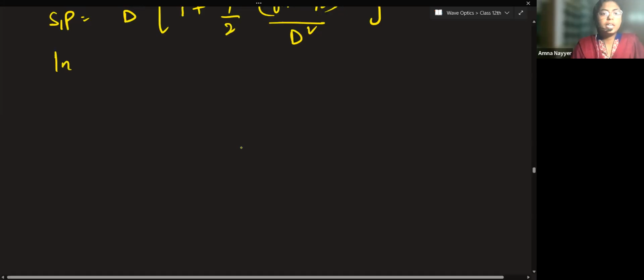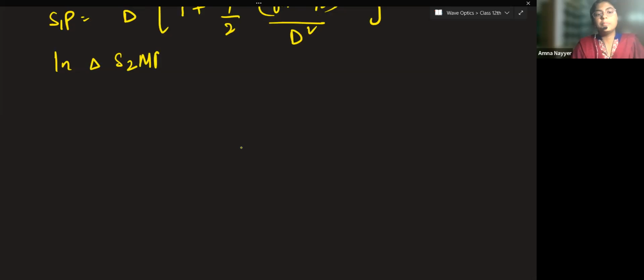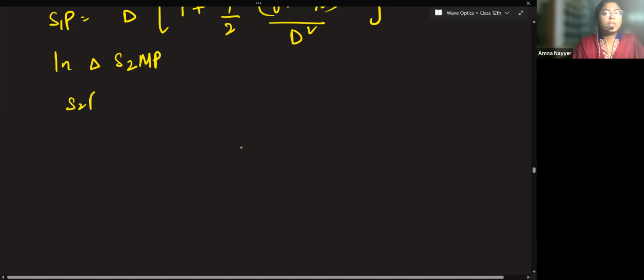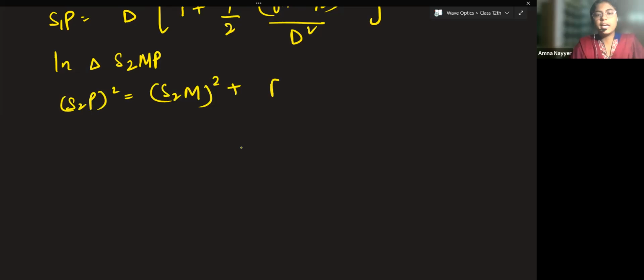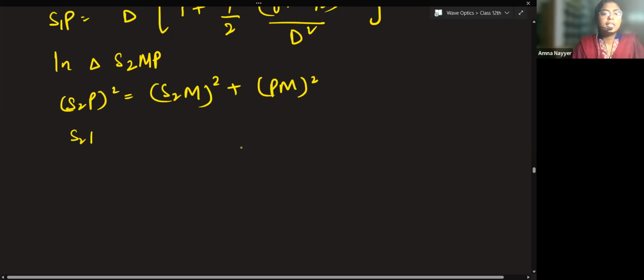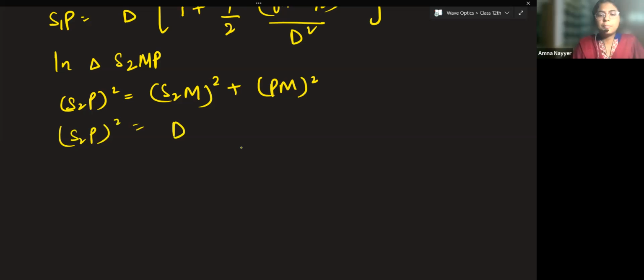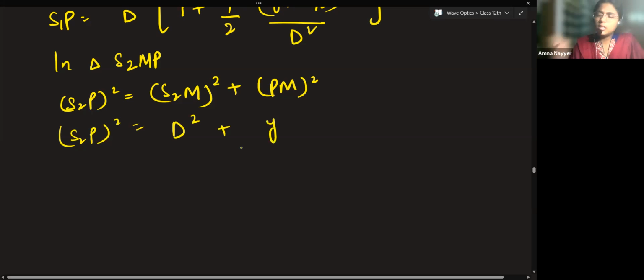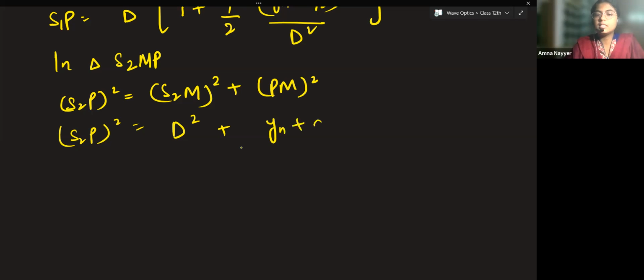In triangle S2MP, S2P whole square will be equal to S2M whole square plus PM whole square. So S2P whole square is D square, the separation between the slit and the screen, plus, instead of the negative sign, a positive sign this time: (Yn plus D by 2) whole square.